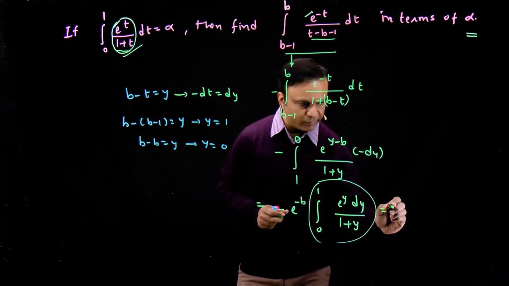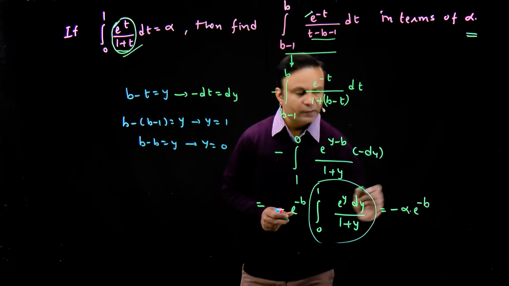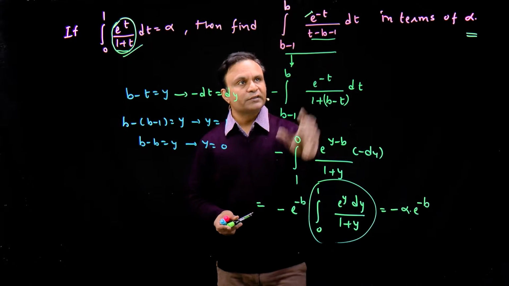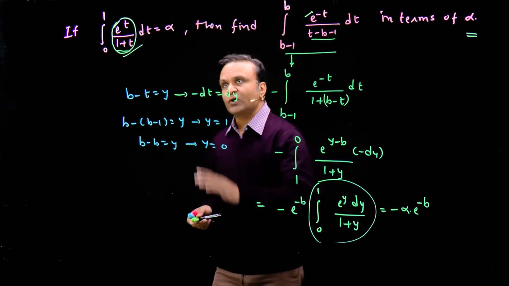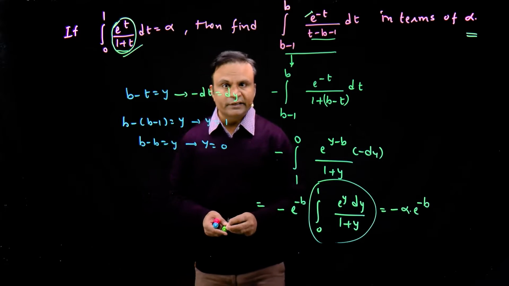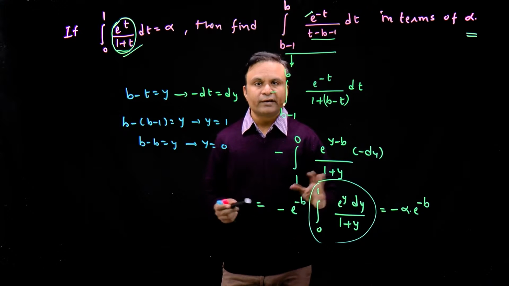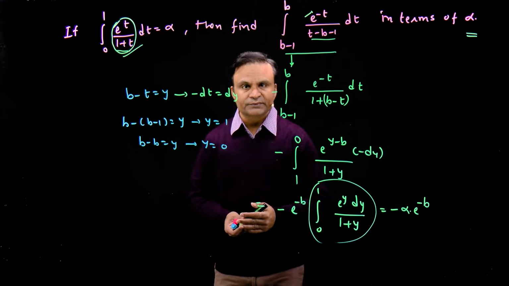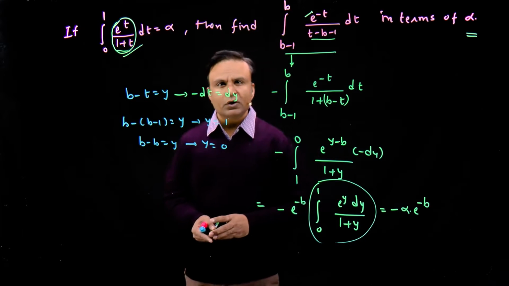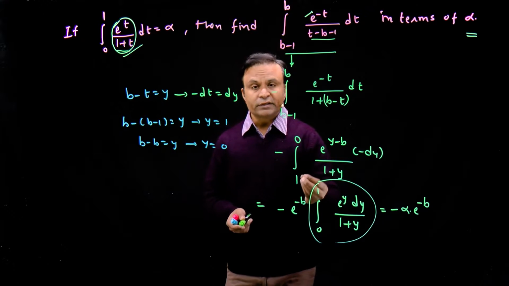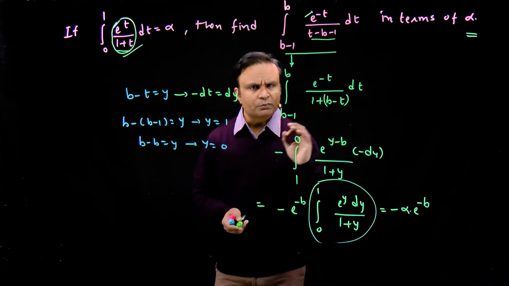So actually I have minus alpha multiplied by e power minus b. So I got this value of the definite integration in terms of this definite integration, the value of which is alpha. Here we are not integrating the function. We are making use of properties of definite integration, and also we have one smart substitution.